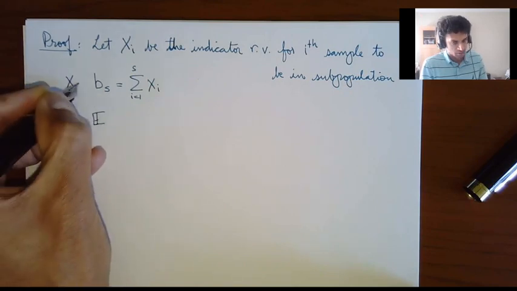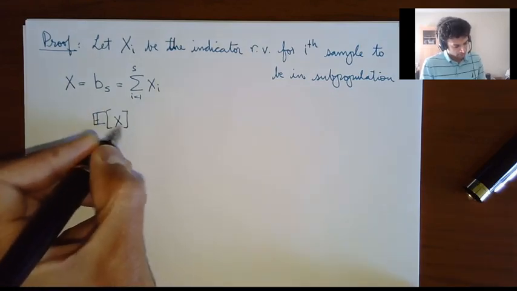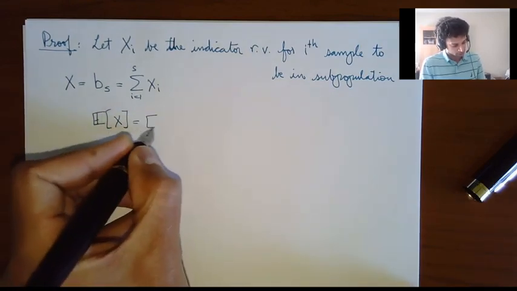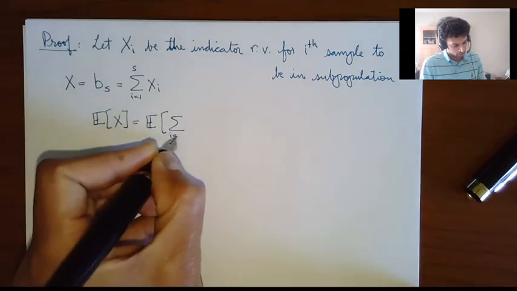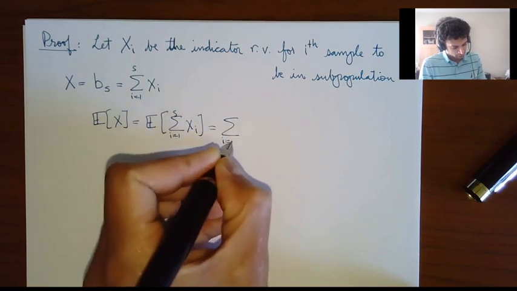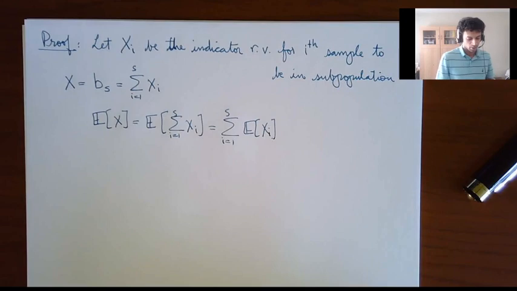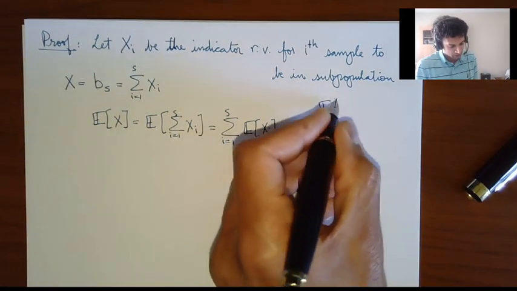For convenience, I'm just going to define this as X. The expected value of X, by linearity of expectation, is the summation of the expected value of Xi, i going from 1 to S. Now what is the expected value of Xi?